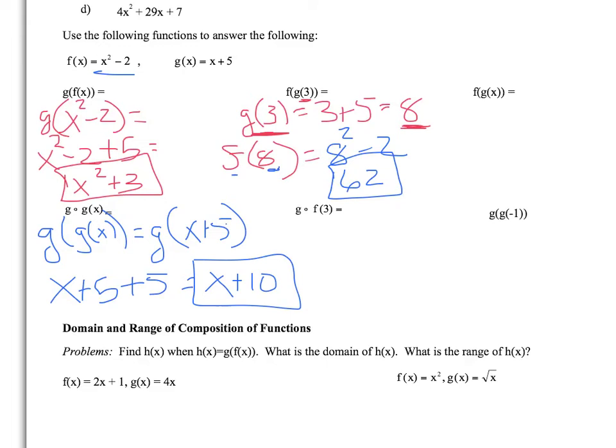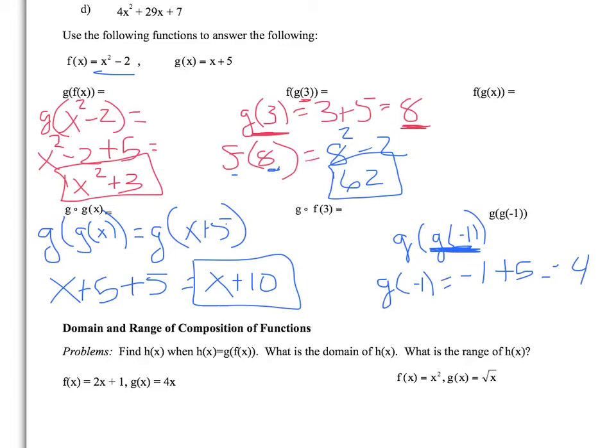I am going to skip the g of f of 3. Have you guys try that one on your own? But I will do the g of g of negative 1 on the right hand side there. Inside says g of negative 1. So I'm going to do that first. G of negative 1, replace the x with a negative 1. Negative 1 plus 5 is 4.